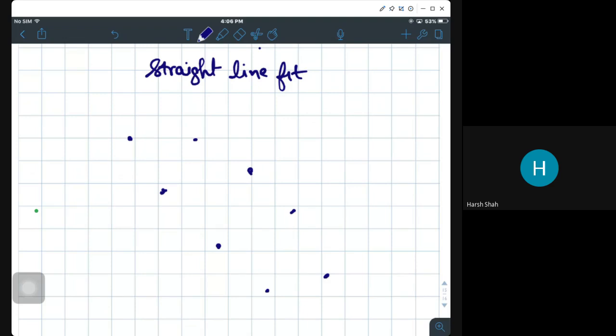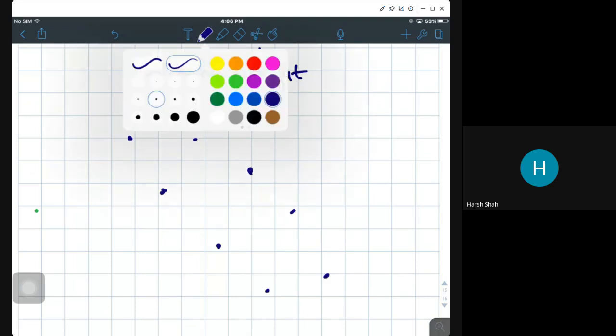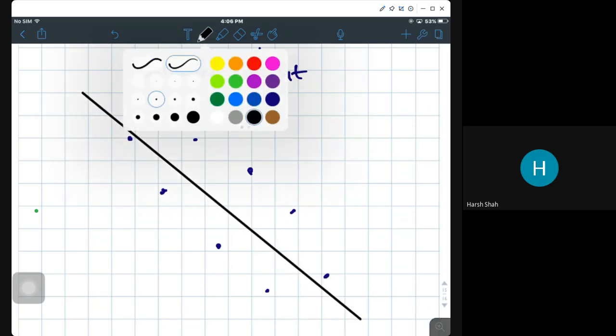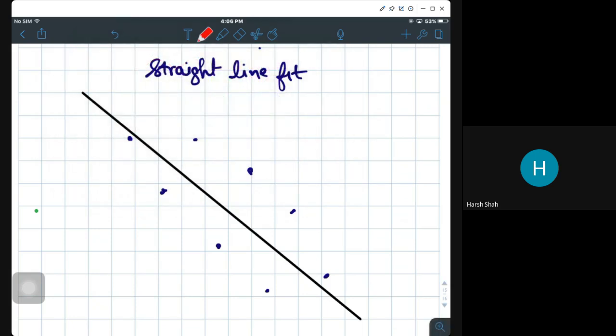We try to form a line such that it satisfies all of these points with minimum error. Let's say I draw this line. Now, what is a straight line fit? This offset is there, right? The line for which this offset is minimum is known as the straight line fit.